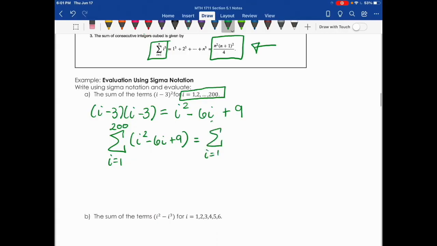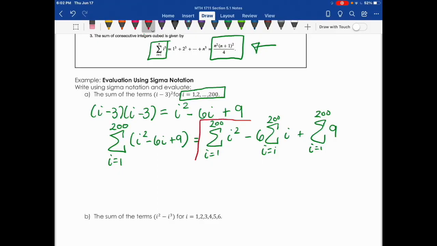Now the properties of summation notation, you can actually split up your terms. I can say I want to do this from 1 to 200 of i squared, minus 6 times the summation from 1 to 200 of i, and then plus the summation from 1 to 200 of 9.